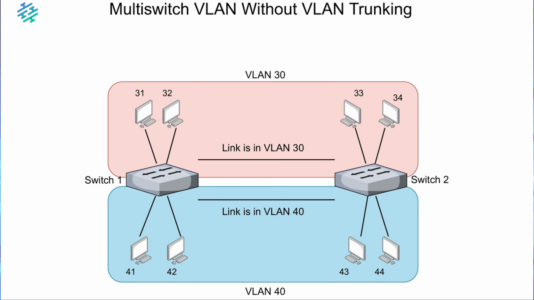In this particular graphic, we have a cable from VLAN 30 to VLAN 30 and a cable from VLAN 40 to VLAN 40. Now, this works perfectly. This is basically multi-switch communication by putting a cable between both sets of VLANs. This will work perfectly. This is what you would do if you didn't have something called VLAN tagging.